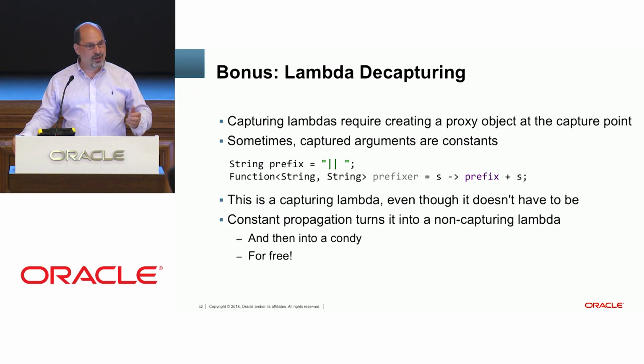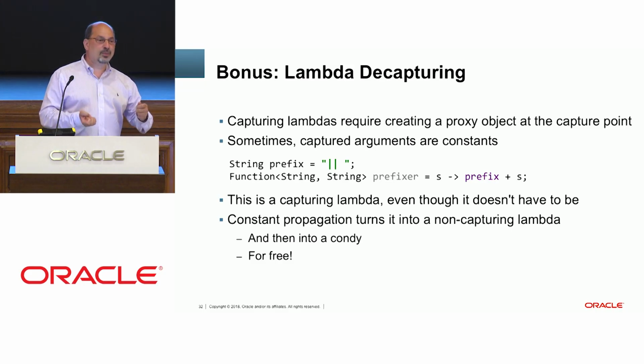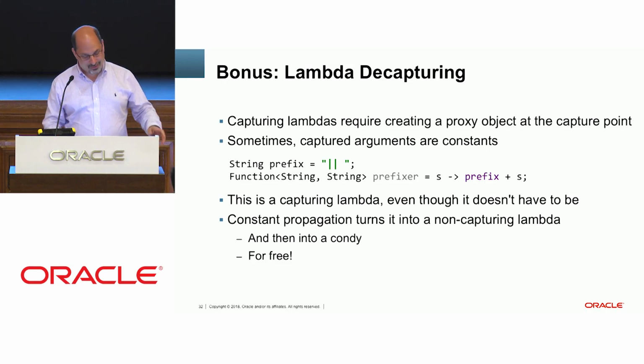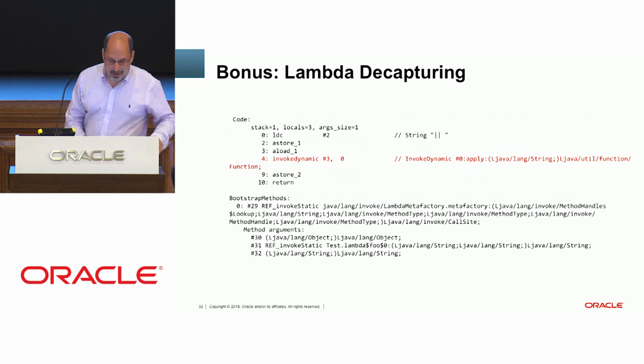As soon as we turned on constant propagation, it propagated that constant right into the desugared lambda method and turned this into a non-capturing lambda, which enabled us to translate it using condy. That just sort of happened for free without us noticing it, which was a nice hint that these generic optimizations interact with each other in nice ways.